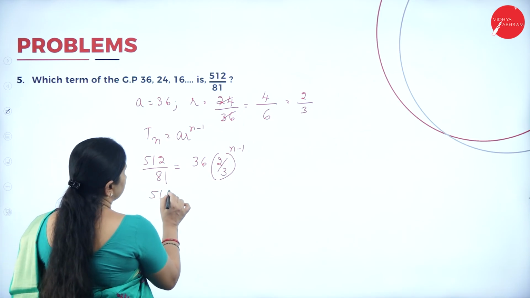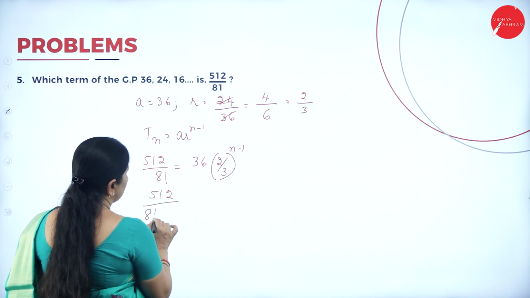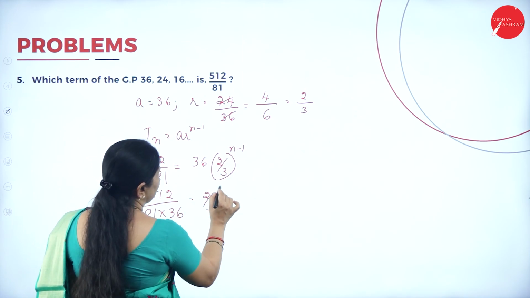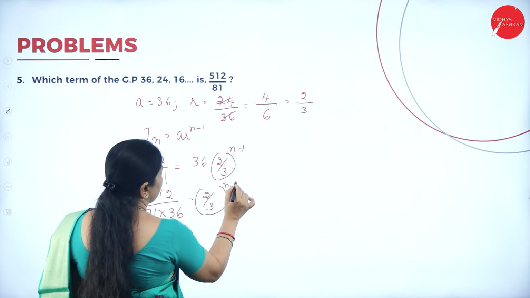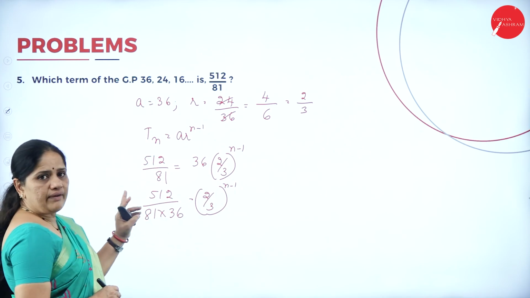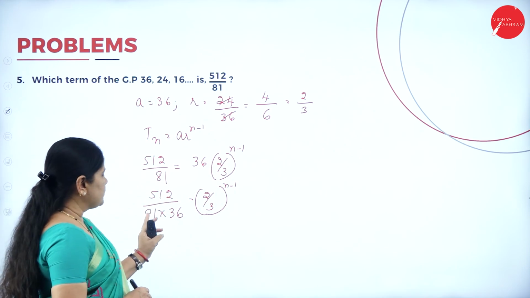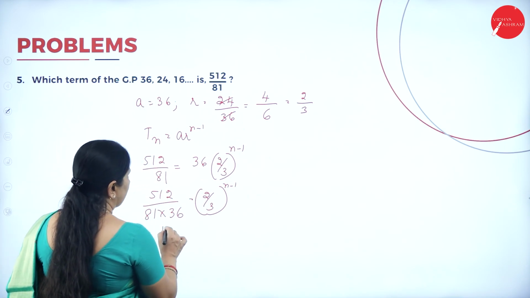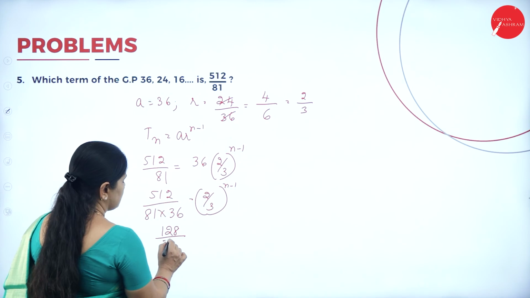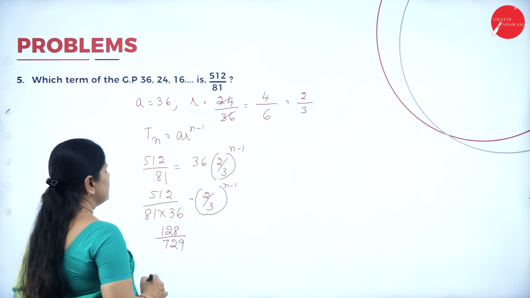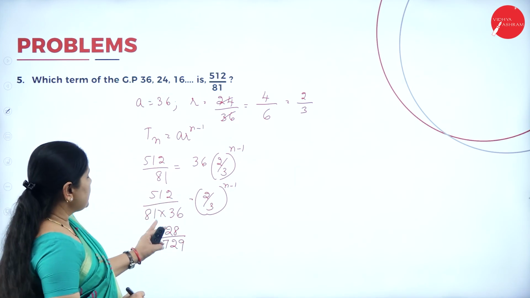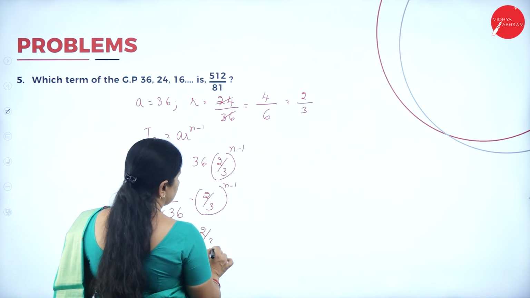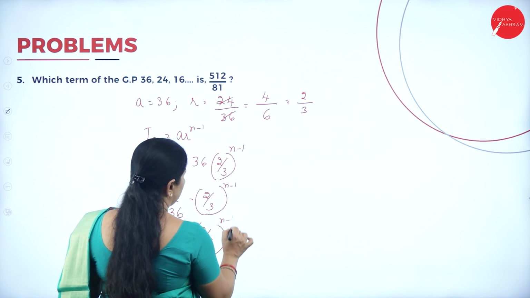So this will come up to 512 by 81 into 36 equals 2 by 3 to the power of n minus 1. So when I am simplifying this 512 by 81 into 36, I get 128 by 729 equals 2 by 3 to the power of n minus 1.